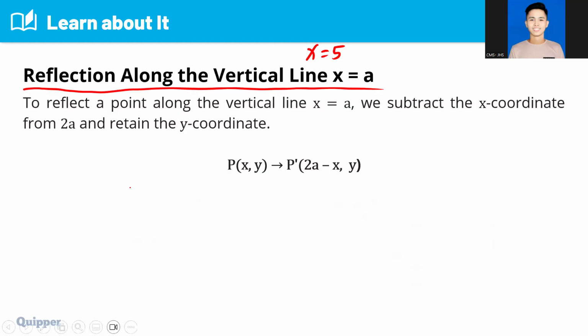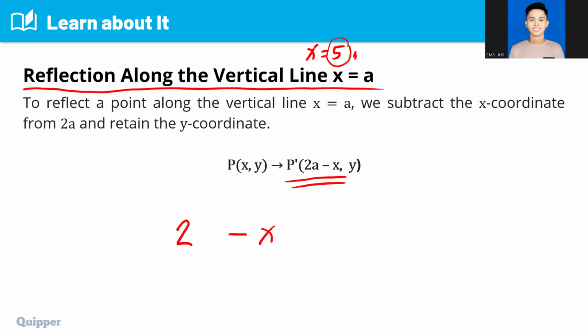To reflect a point along the vertical line x = a, we subtract the x coordinate from 2a and retain the y coordinate. In this case, you need to identify your a. In my example, x = 5, so our a here is 5. If you already identified a, you can now make use of this process. We subtract the x coordinate from twice a.